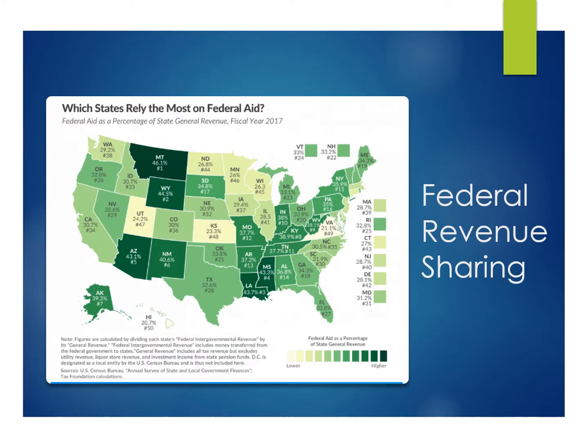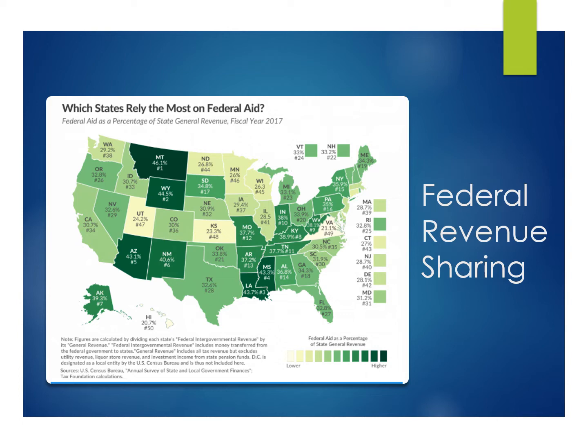Revenue sharing is money that comes from the federal government in the form of grants. The majority of this goes to Medicaid, but it could be other forms of grants, particularly for fiscal federalism type programs. Here you can see the map with the most recent data. This is from the Tax Foundation. They're an interest group that follows federal spending.